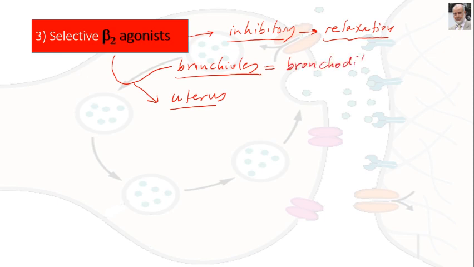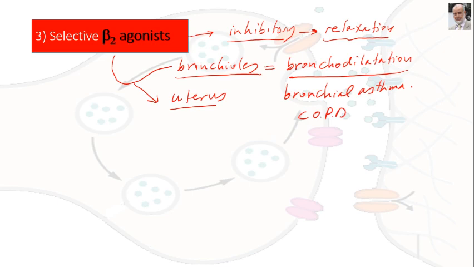This has very important clinical use in treatment of bronchial asthma and other chronic obstructive pulmonary diseases. Therefore, these drugs, beta-2 agonists, are used in treatment of bronchial asthma.